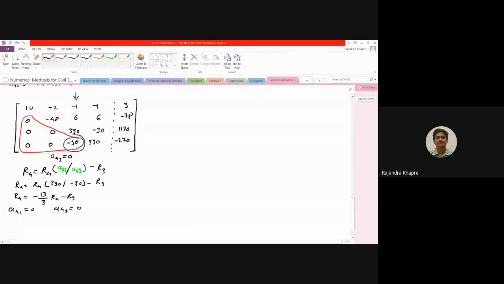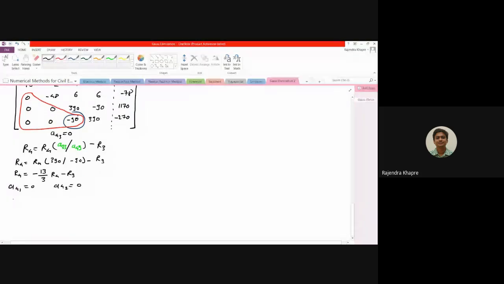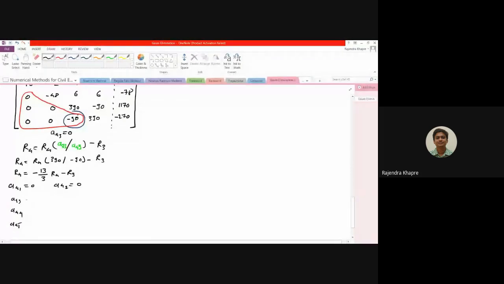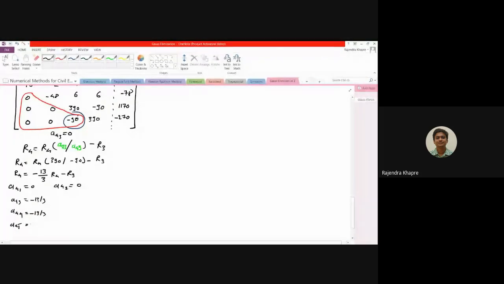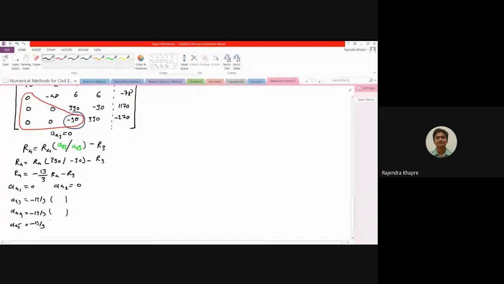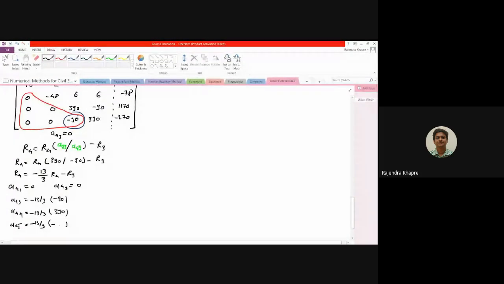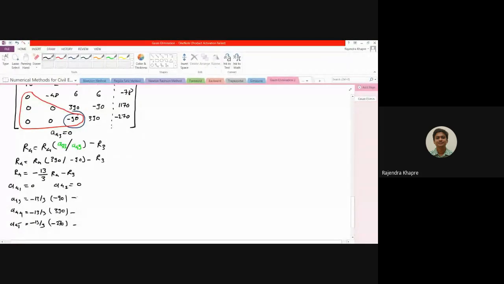Now I have to just operate on A43, A44 and A45. The coefficient is minus 13 by 3 into R4. For R4 we have over here minus 90, we have 390, and this is minus 270, minus minus minus, so you have R3.